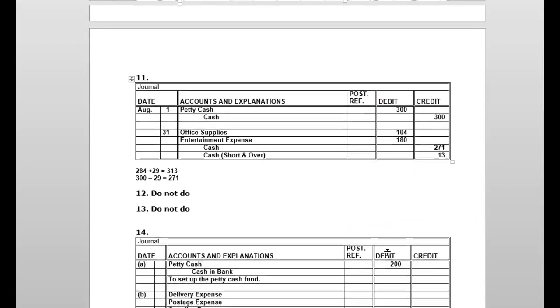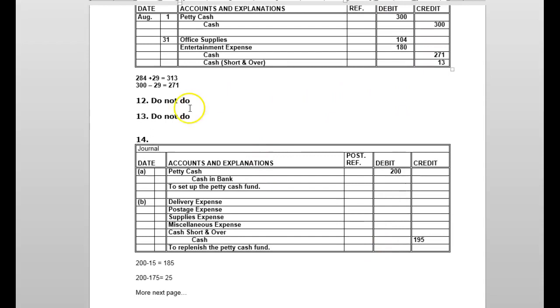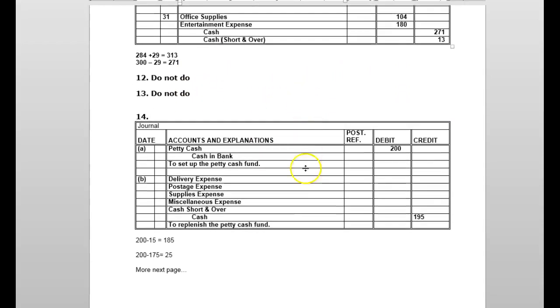So if we move down now to the next one, we're not going to do 12 or 13. We're going to do 14 though. And 14 I'm going to let you do, but I'll get you started. You're going to establish it at $200. That is the easy one. You get to the end of the month, and you look at all of this, and you add it all up, you input everything, and you find that there's only $15 left in there.